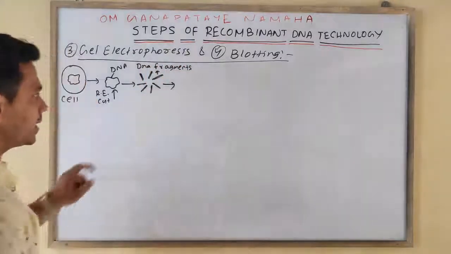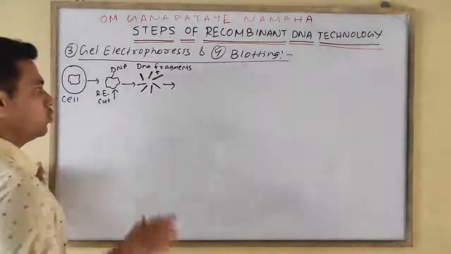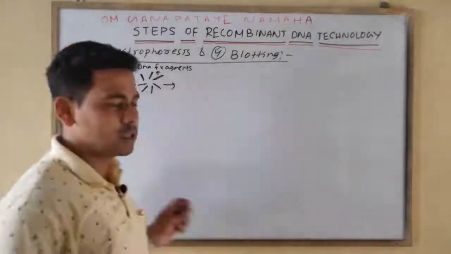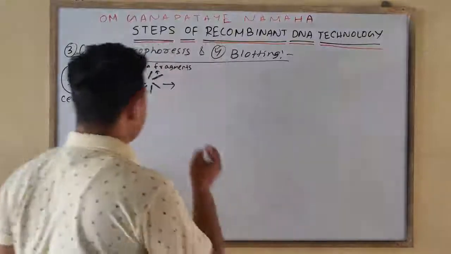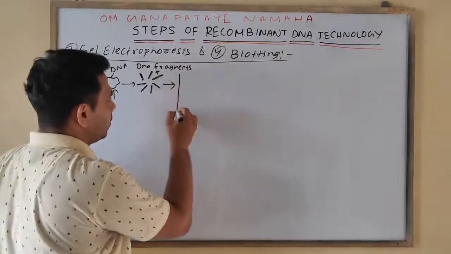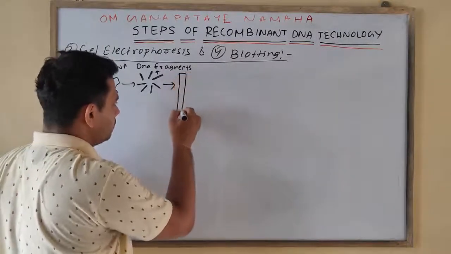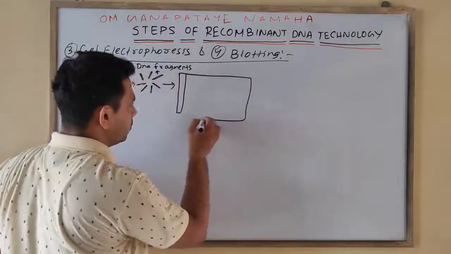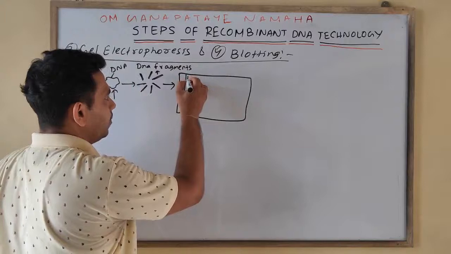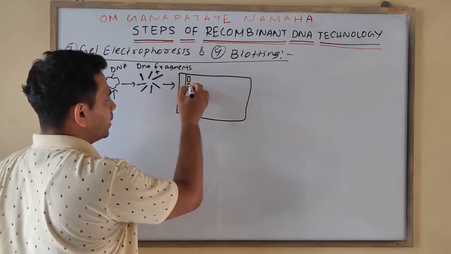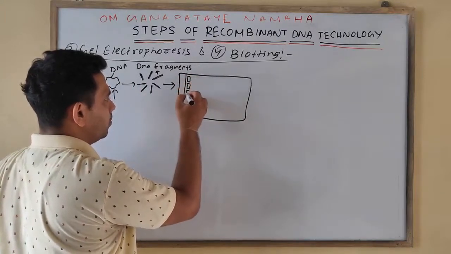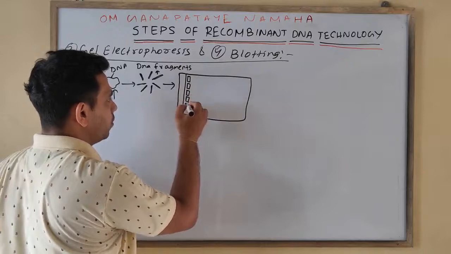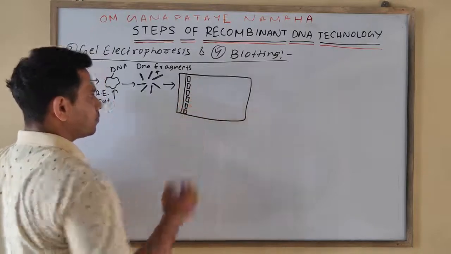Next, these DNA fragments will be transferred into an instrument for the gel electrophoresis process. That instrument has a base, a plate-like structure, and we make wells, or holes, near the base so that we can pour the DNA.